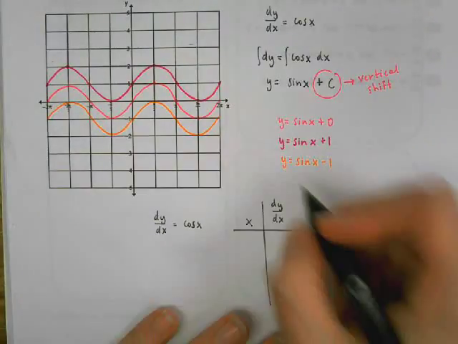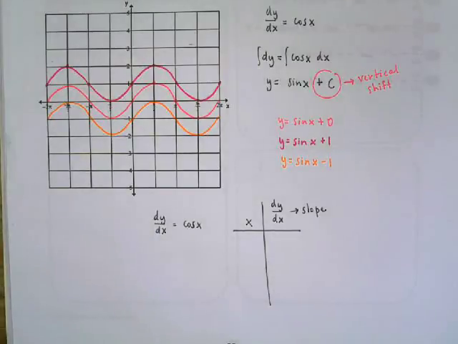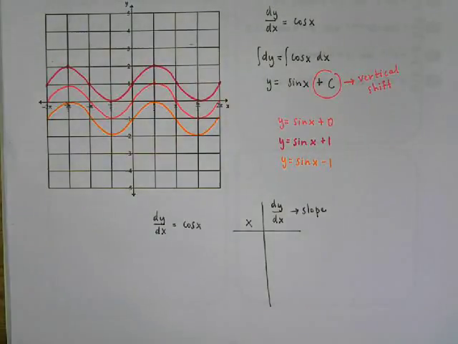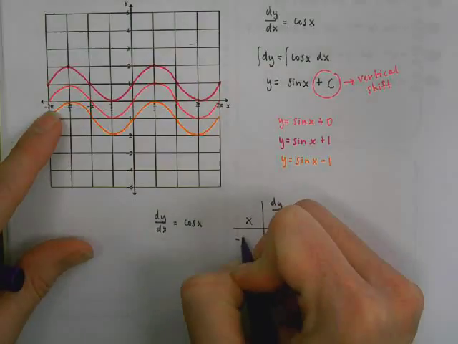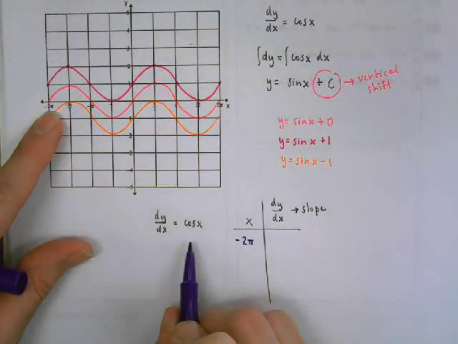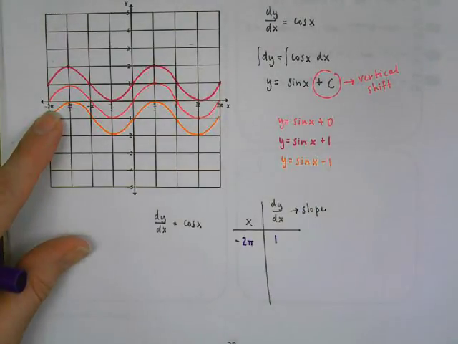Now remember, dy dx is a slope. We know that derivatives are the slope of a tangent at a particular point. So let's start over here, negative 2 pi for my x. I know that cosine of negative 2 pi is going to be a positive 1.